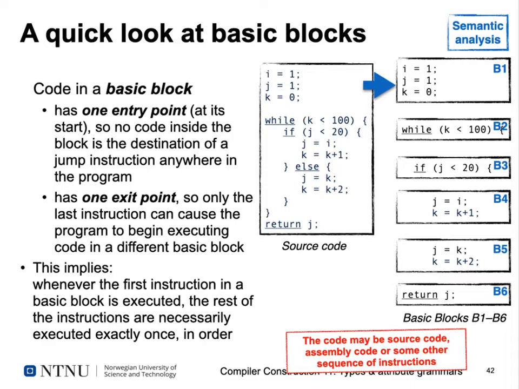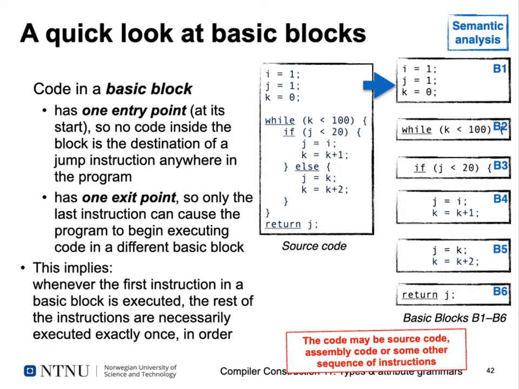In addition, your basic block has one defined exit point, so only the last instruction of a basic block can cause the program to begin executing code in a different basic block. Or in simple terms, whenever you know the first instruction in a basic block is executed, then you know the remaining instructions of your basic block are executed exactly once in that order until you leave the basic block at the exit point.